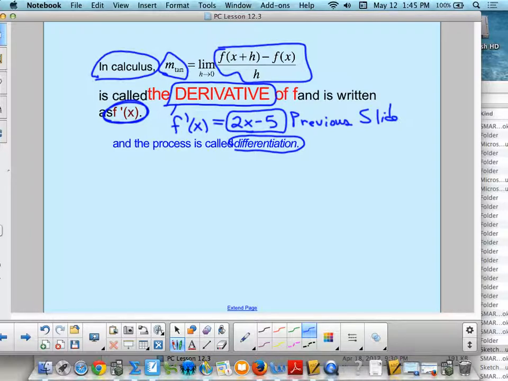Now, I still say you should write a note to yourself what that actually means. So what is the derivative? Here's what I wrote to you.